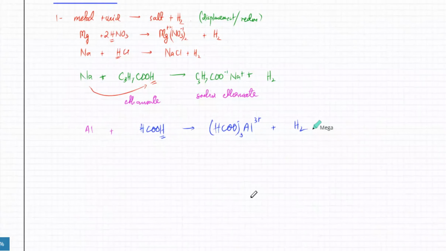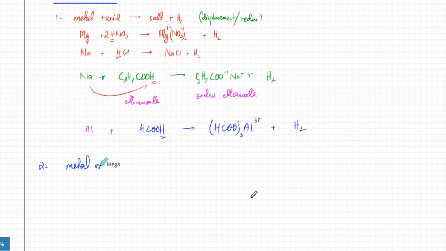Let's come to the second reaction. The second reaction is a metal oxide or metal hydroxide, and we can throw in NH4OH.